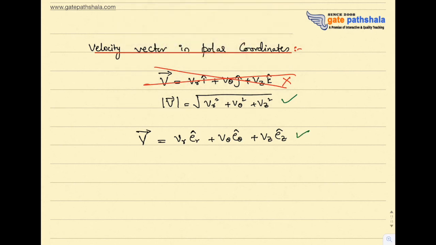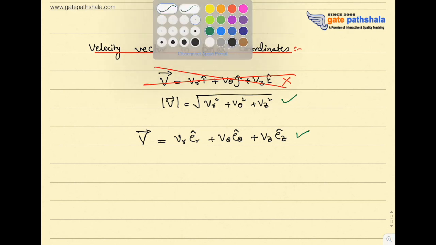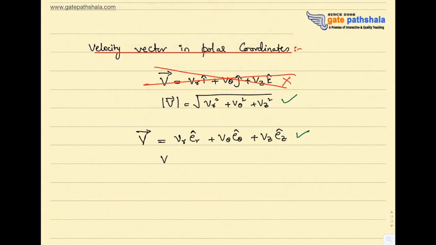And in fact, you can write the magnitude of the velocity, that is mod of V bar, as under root of Vr square plus V theta square plus Vz square, where Vr, V theta, Vz are the radial, tangential and the axial components of the velocity. Okay, this is a very important thing.